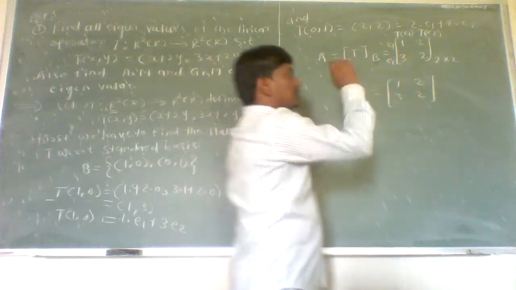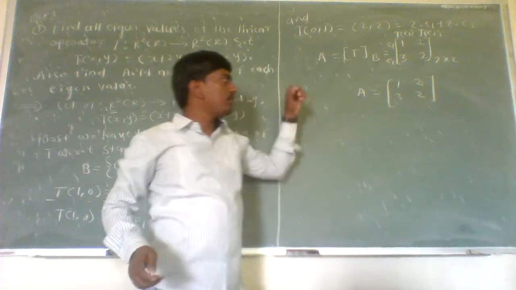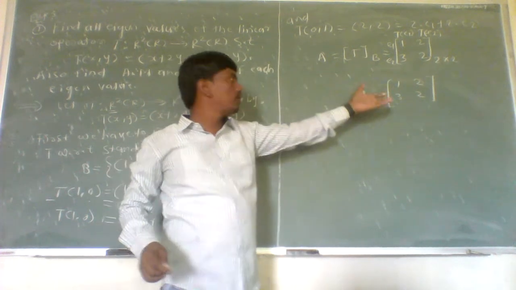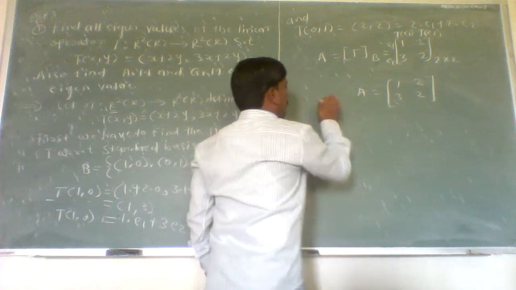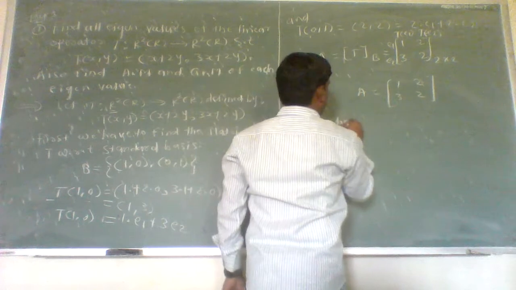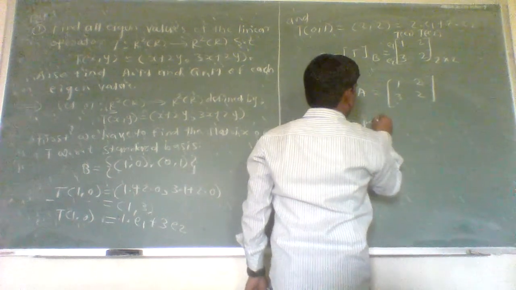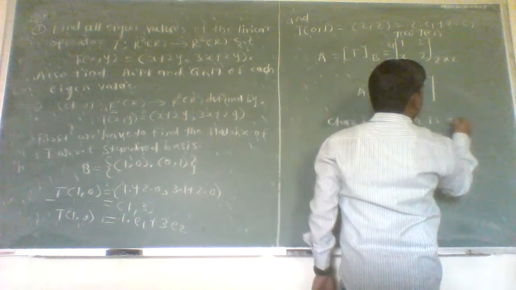The eigenvalues of the matrix are given by the determinant of (A minus lambda I) equal to 0. So first we have to take its characteristic polynomial.